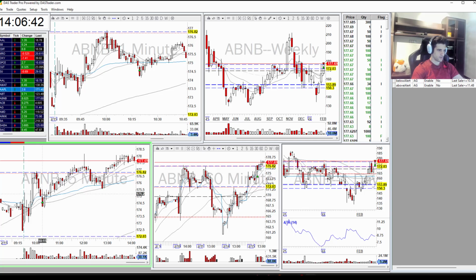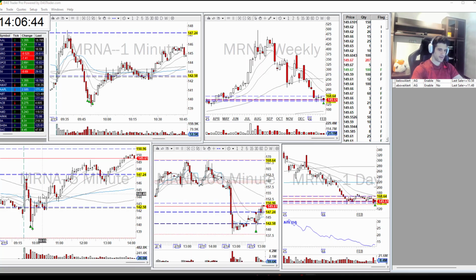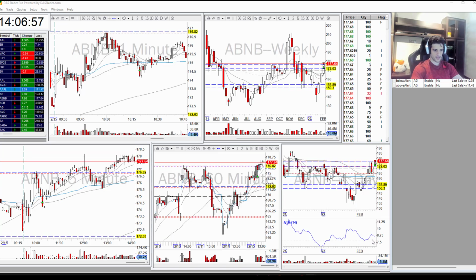That was around, I don't know, $2 move, and on my mRNA that was somewhere around $7 moves, right? While the ATR difference is not so huge here, the ATR is somewhere around $12, and I held it for $7, which is over 50% of the ATR. While on ABNB, the ATR is around $7.5 or $8. Not that huge of difference, right? 30% difference. But in terms of PNL, I held it here only for a $2 move.